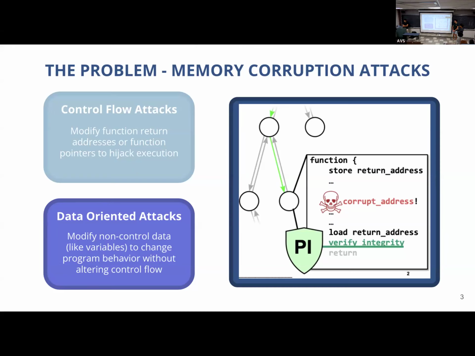These modify function return addresses or function pointers to hijack execution. This paper mainly discusses a method to verify the return address integrity, which we'll go into later. The second type of memory corruption attack is data-oriented attacks, where the attacker tries to modify non-control data, such as variables, to change program behavior within the control flow.